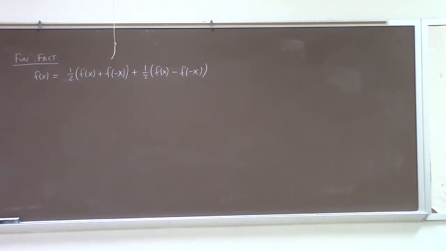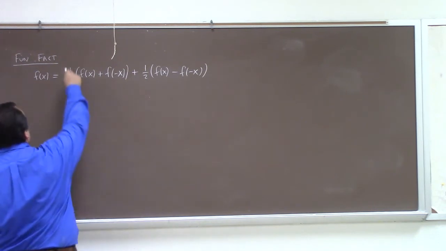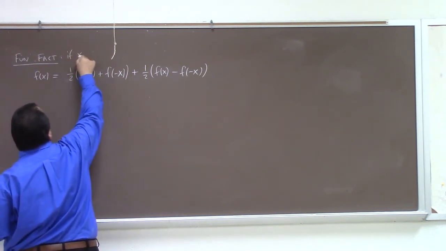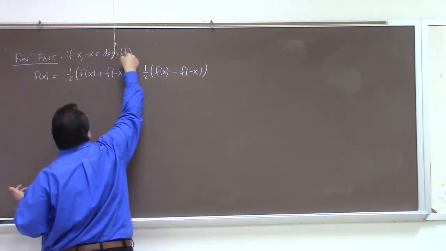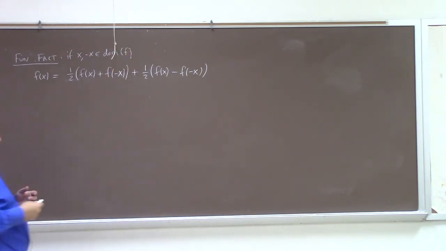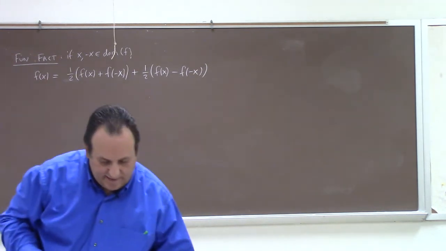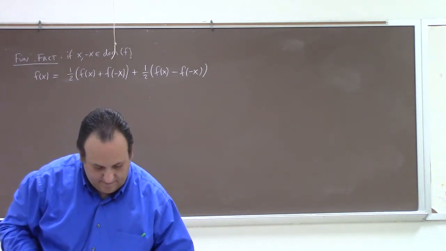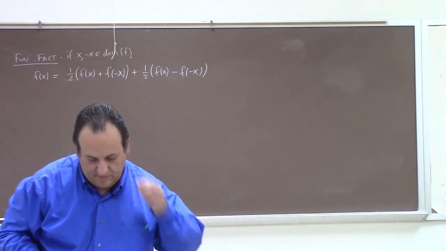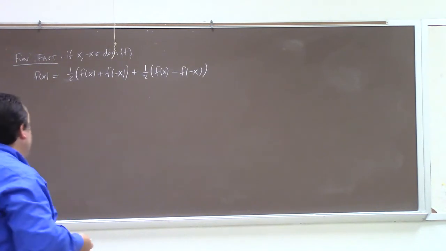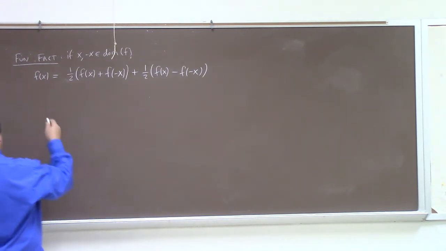Now, I'm assuming here that x and minus x are both in the domain of f, right? So this is just a kind of sneaky trick that I mentioned at the bottom of page 26, actually, in the notes. But this is interesting when you apply it to the exponential.